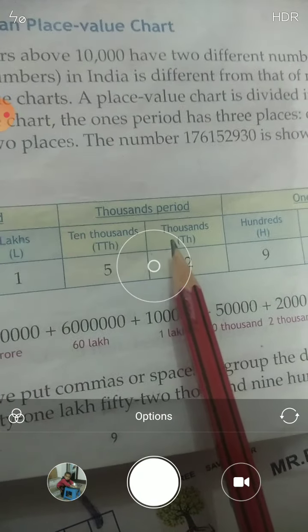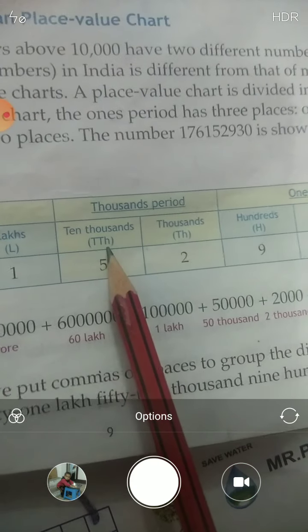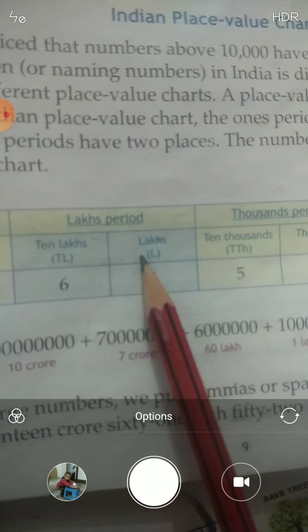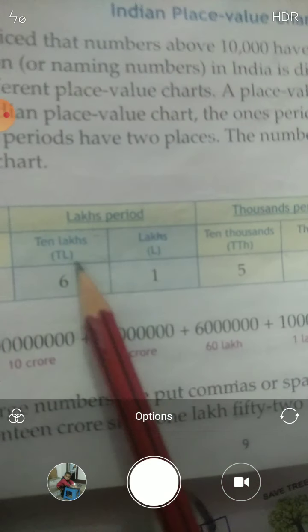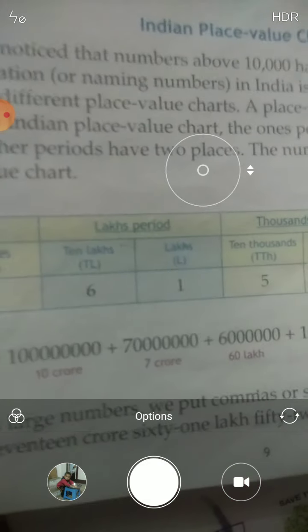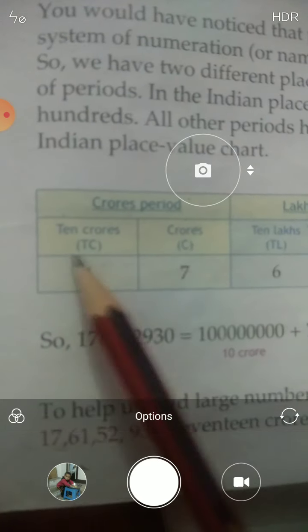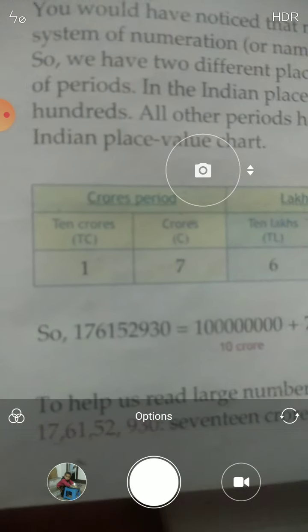The thousands period is divided into 2: thousands, 10,000s. The lakh period is also divided into 2: lakhs, 10 lakhs. The crores period is also divided into 2: crores and 10 crores.